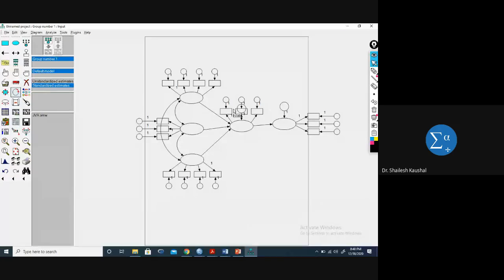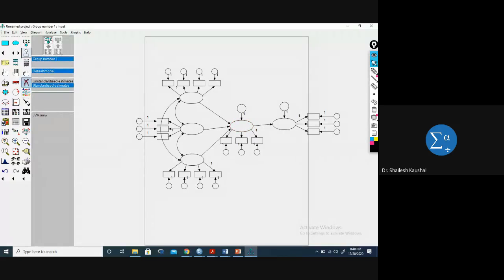How to delete it? This, delete. I can redraw this. Now for the 3 indicators I need 1, 2, 3. I am rotating this and the variance.